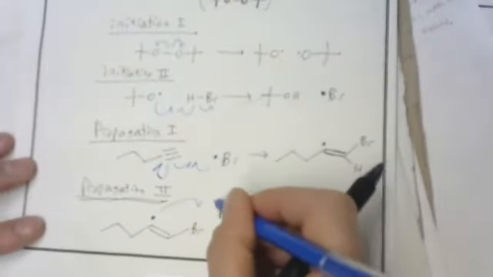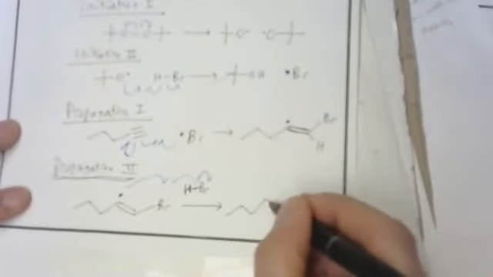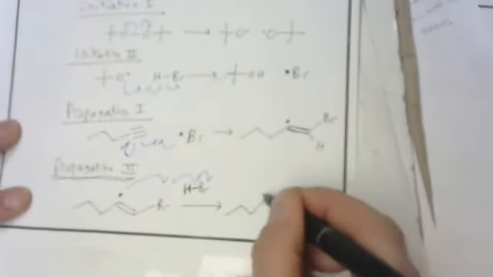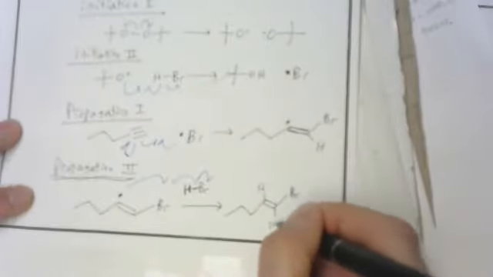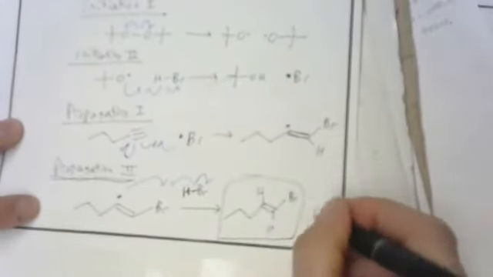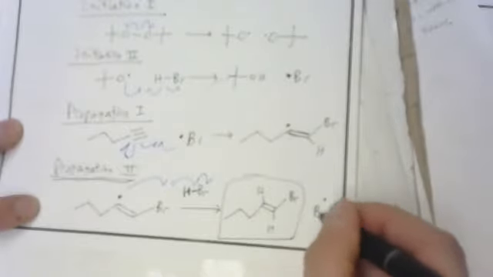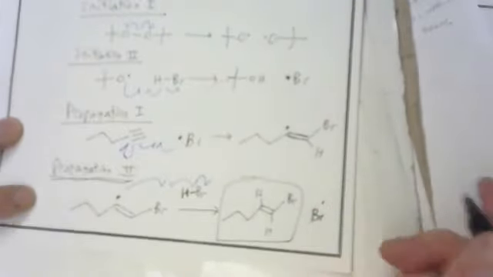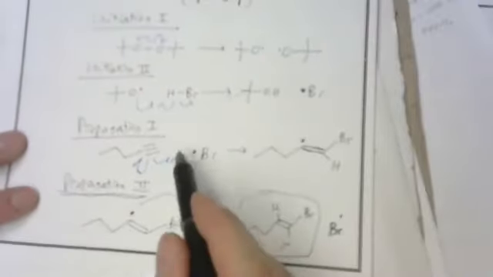So now the dot grabs the hydrogen, and that will finish the reaction up. These chain reactions are kind of fun, I think. It's nice how it's kind of a little cycle. That's the final product, right? And Br dot. So we used up Br dot, and then we recreated Br dot, and it does it in a cycle.